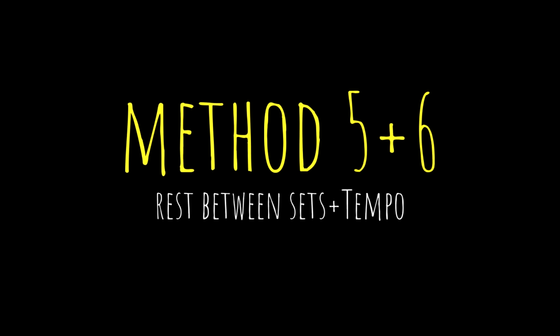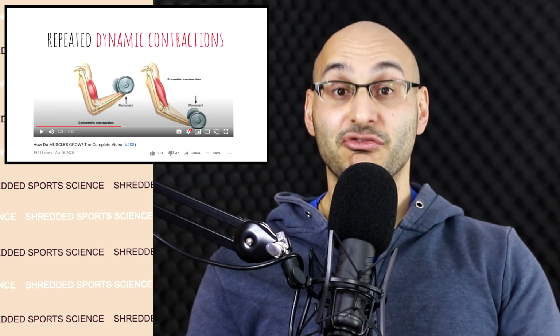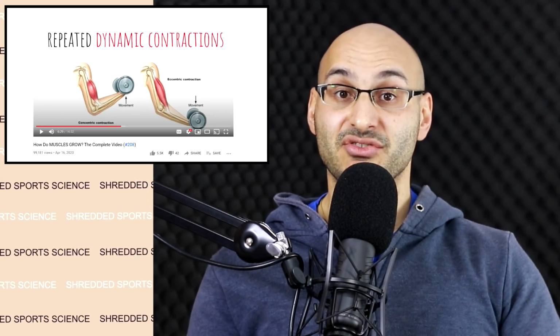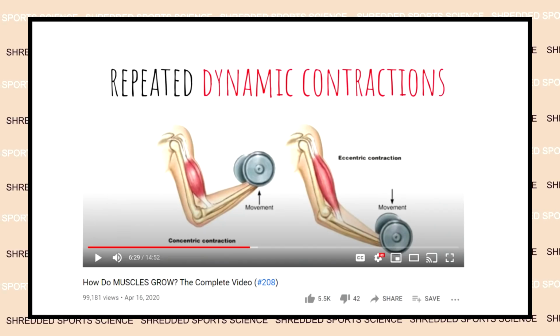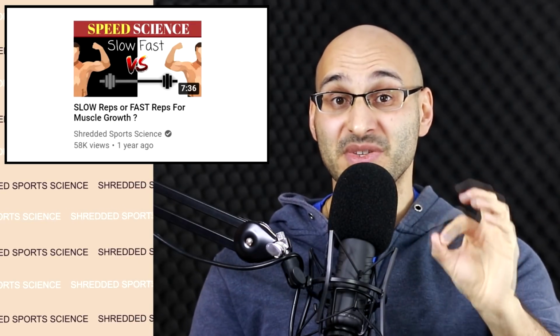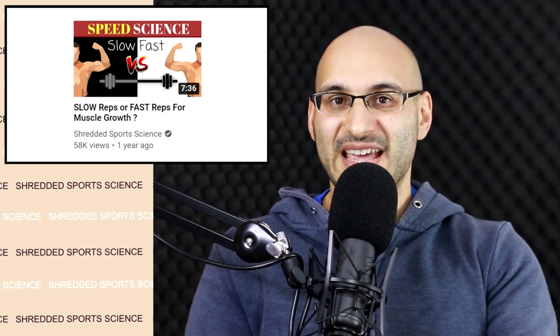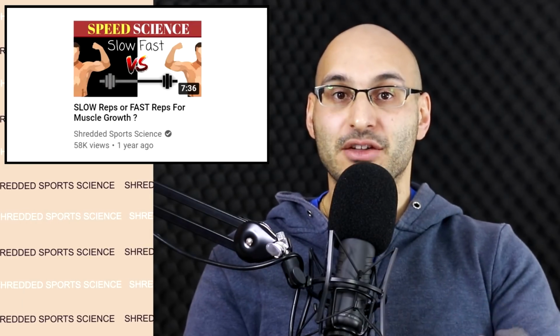And then method 6, we can think about tempo of lifting. Now, for example, some people will increase their time under tension on the eccentric contraction. Time under tension just means that you're going to use a slower repetition for that negative, which would be more duration, more time, which can increase the stress. Now, importantly, with time under tension, it is not a magic tool for muscle growth. It is not a magic hack that you must use.